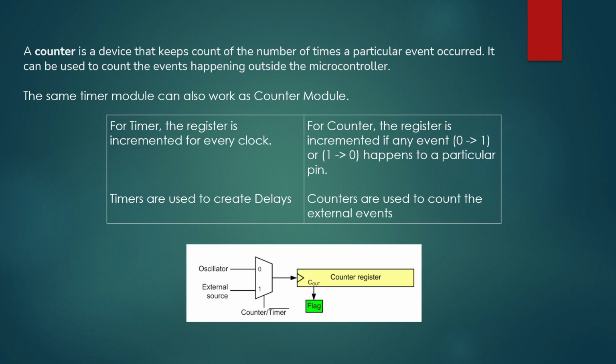So what is the difference between the timer and counter? For a timer, the register is incremented for every clock. Whenever a clock comes, the register gets incremented. But for a counter, that is not happening. For a counter, the register is incremented only if an event happens, meaning a low-to-high or high-to-low transition on a particular pin.